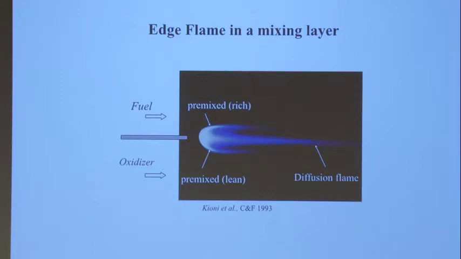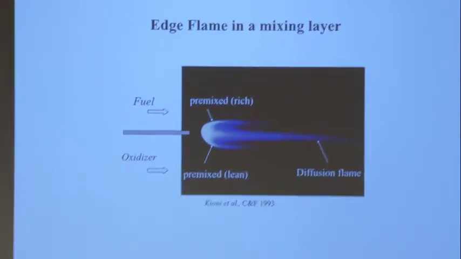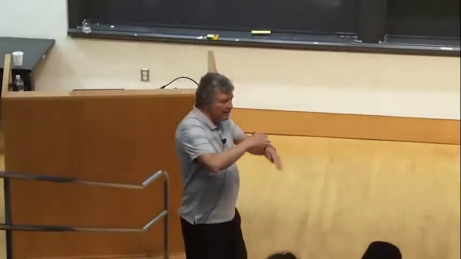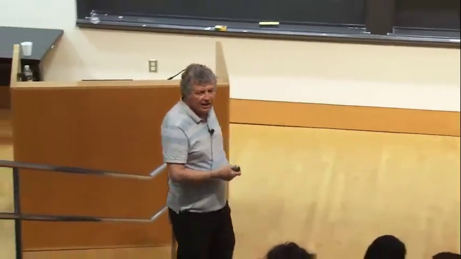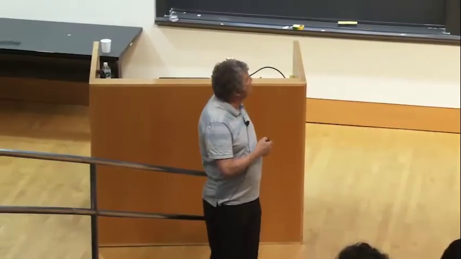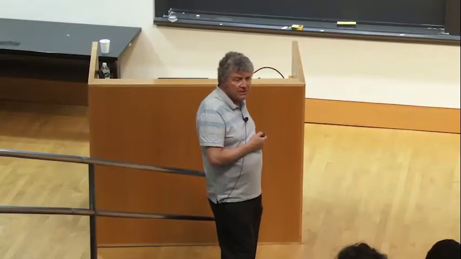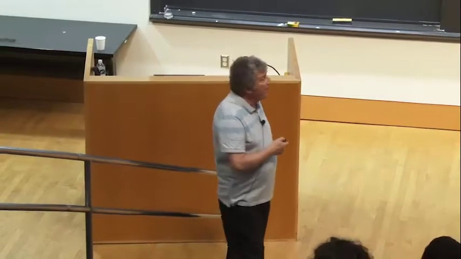Some people call it a triple flame. I don't particularly like this term because triple to me means one on top of the second on top of the third. And we often use the word tribrachial, which means it has 3 branches. But anyway, whatever you want to call it, it's just terminology.